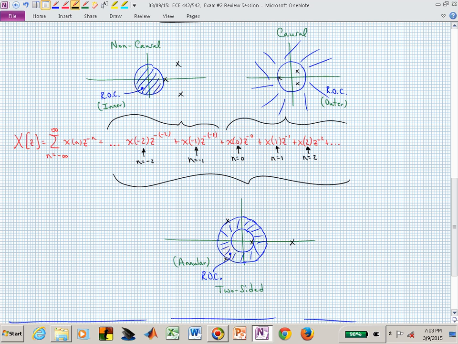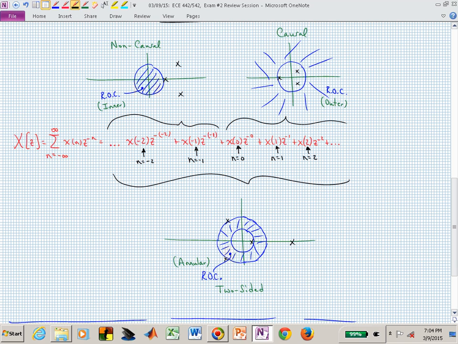That's what I'm trying to indicate with this black curly brace above the left side of this expansion of the z-transform. The blue shaded area are those values of z that allow this infinite expansion to exist.